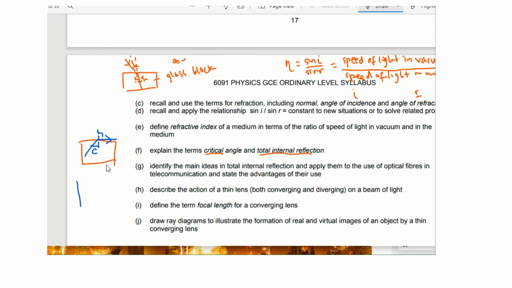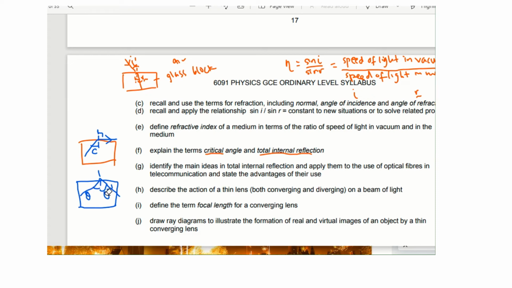So let's look at this. So I have this glass block here. Now, this angle is greater than critical angle. So when that happens, light will not be refracted. Instead, it will undergo total internal reflection. And this angle here will be equals to this angle here, because when we have reflection, the angle of incidence and the angle of reflection is always the same, right?